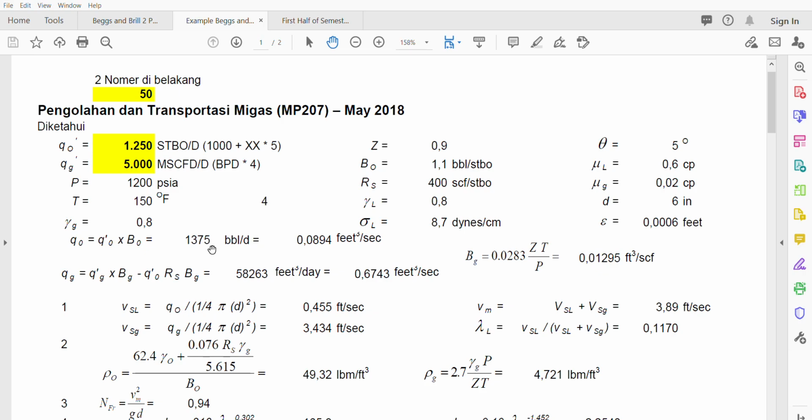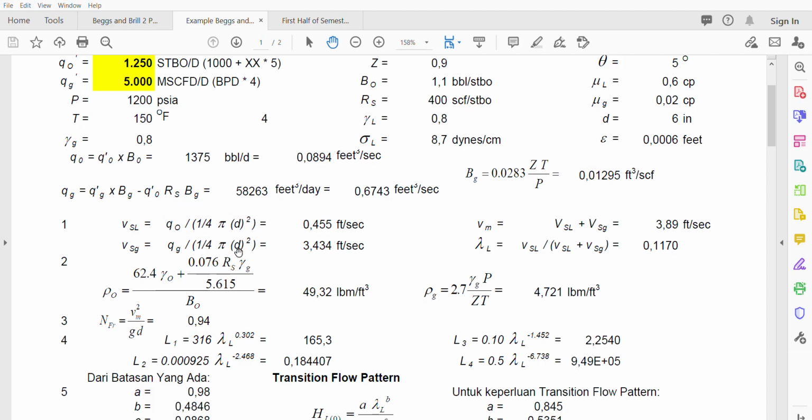So multiply by Bo, and then we rearrange everything, and it becomes this expression. And then we calculate Bg, and then we calculate Qg with the expression, etc. We continue with the lambda L, and we calculate the density of each one.